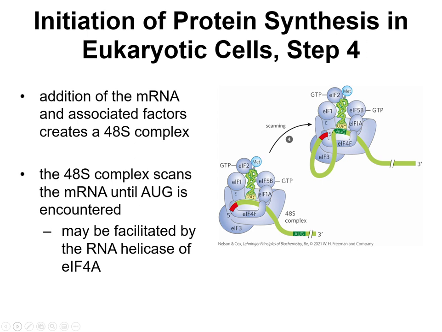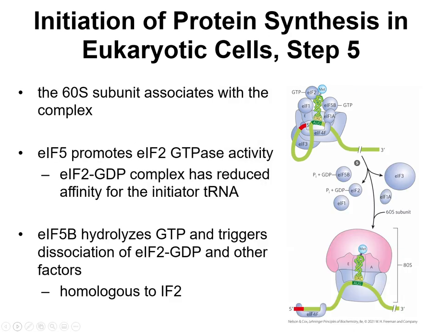So EIF1 and EIF3 are there. They help to make sure that the mRNA binds, that the tRNA does not bind before its time. There's also 2 different GTP-bound initiation factors, EIF2 and EIF5B, and we're going to talk about those next and how they help recruit things.